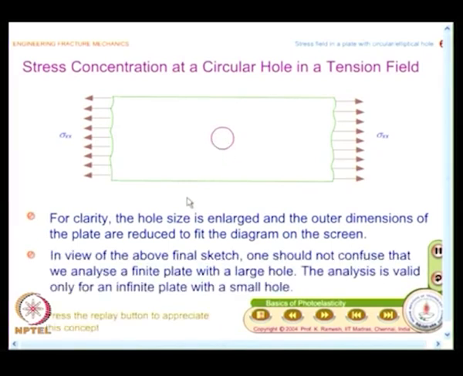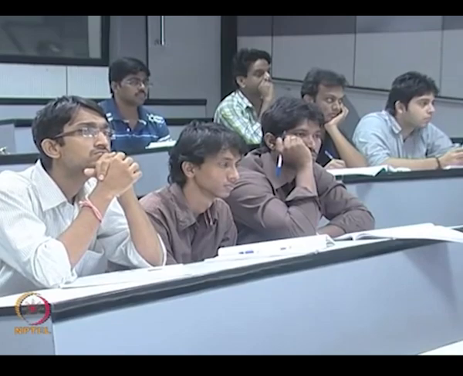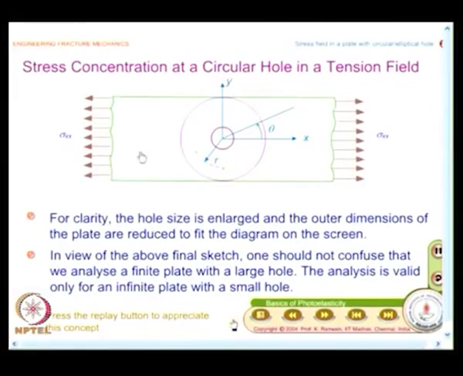Because one of the common confusions I have come across in students is they do not recognize that theory of elasticity provides solution only for an infinite plate with a small hole. Because you are accustomed to seeing a finite diagram like this in the books, the students immediately jump when they actually solve a problem of a plate with a hole which is finite in dimension.